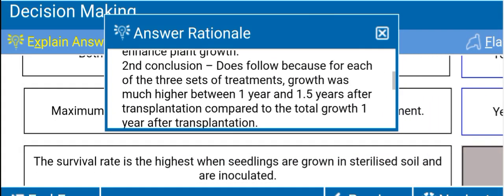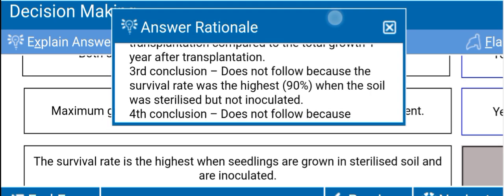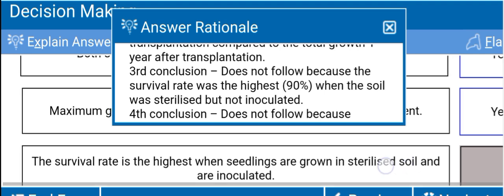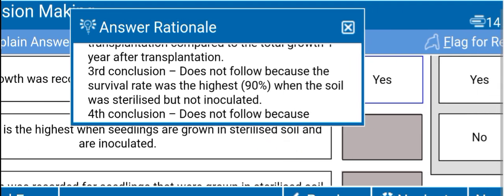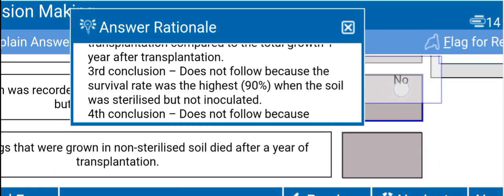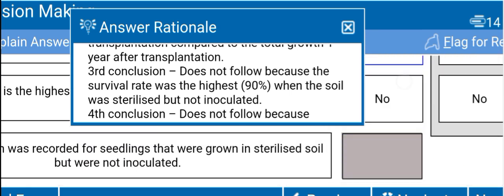The third conclusion does not follow because the survival rate was the highest, 90%, when the soil was sterilized but not inoculated. So the third conclusion does not follow. So again we will drag a no and drop it here in front of this conclusion.